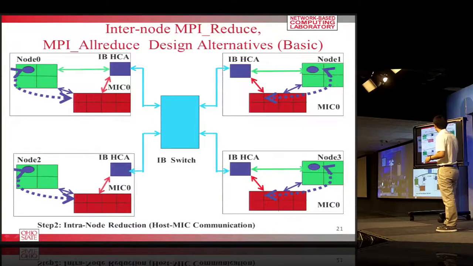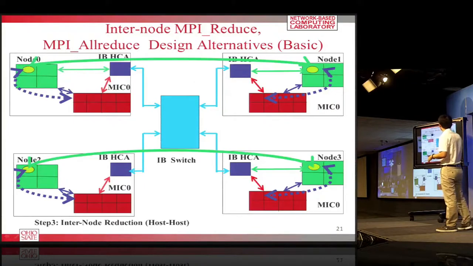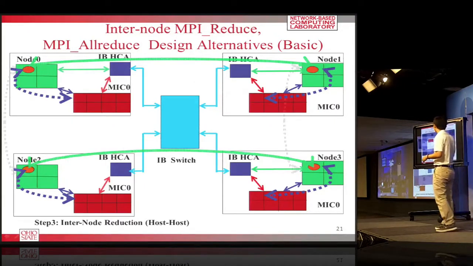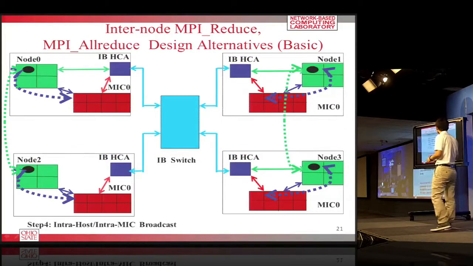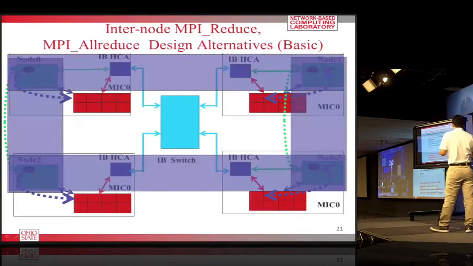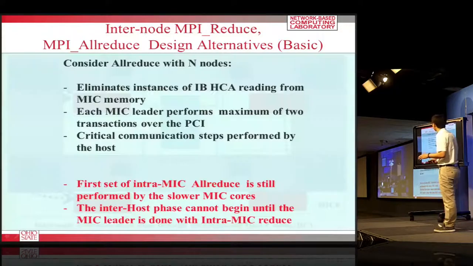This is the horizontal and then vertical. The last step is the intra-host and intra-MIC broadcast. So the inter-node communication still goes through the host communicator. With the basic design scheme, we can eliminate the IB HCA reading from MIC memory.